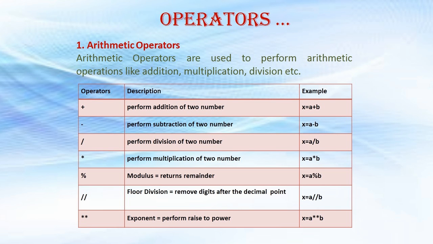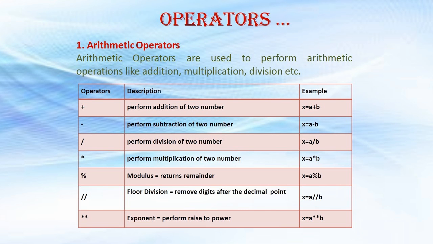Now in programming, why do we write x equals a plus b? Because the values travel from right to left. a plus b will hold the values, suppose 2 and 3. 2 plus 3 equals 5, and then that 5 will go to x, right? The value travels from right to left.